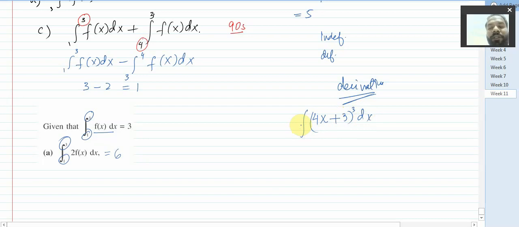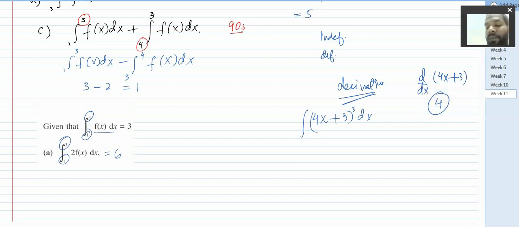If you find the differentiation of 4x plus 3, that will be equal to 4. So you need a number 4 present here. Is it present? No. So what you will do is multiply and divide by the constant 4 so that the derivative part is present with your integrand.